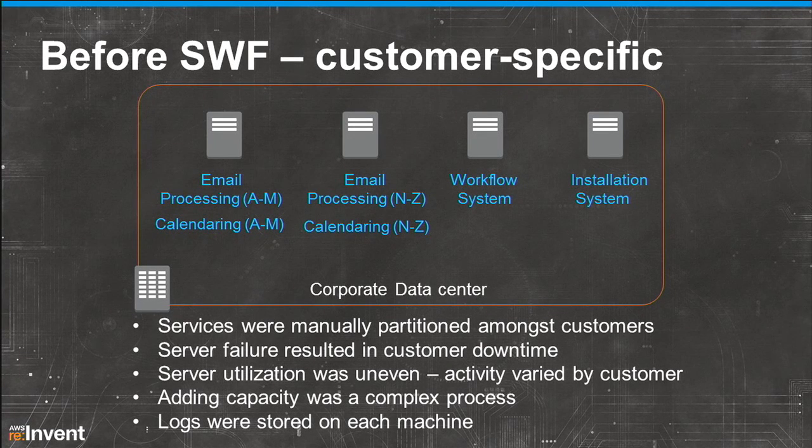And for each of those customers, they would process email updates and calendars on a name basis, A through M, N through Z. And they had this standalone workflow system that was responsible for trying to move things in their ticketing system from one state to another. They also had an installation system, and this relates to what I talked about, them needing to update their server farms with the latest software that they license to their customers.